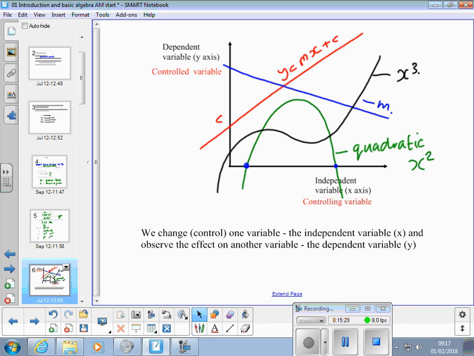On this module we won't be going, I wouldn't have thought, beyond cubic, but we will touch on sine, cosine, those trigonometrical cyclic functions. All right.